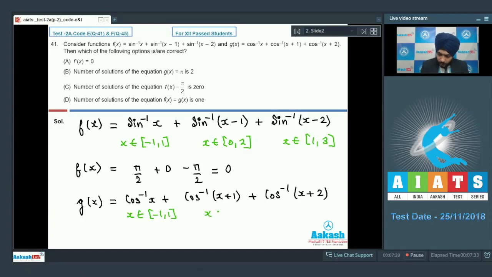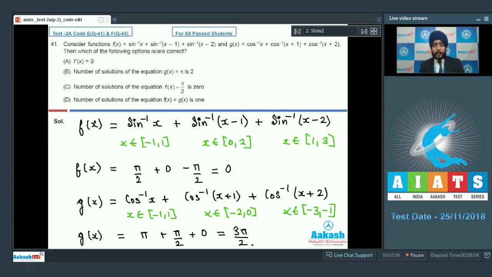Here x belongs to minus 2 to 0. Here x belongs to minus 3 to minus 1. A very simple problem. If you consider their domain, the only possible value is x equal to minus 1. So for g(x), cos inverse minus 1 is pi, cos inverse 0 is pi by 2, cos inverse 1 is 0. Answer is 3 pi by 2.